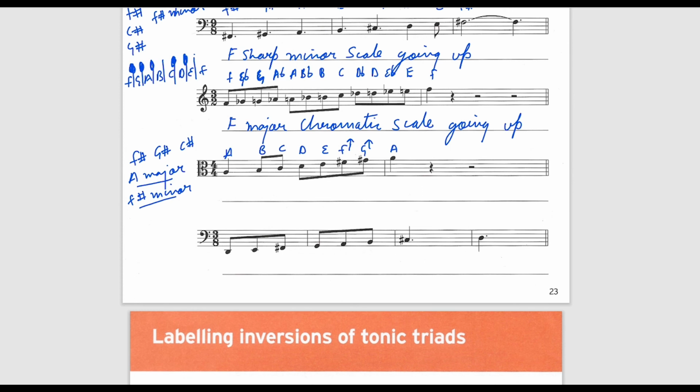But for these two, if we go for the A minor scale, there should not be any accidentals in A minor, but because the 6th and the 7th degree are raised, they became sharp. So that means this is our A melodic minor scale going up.